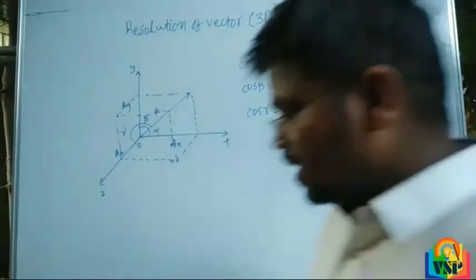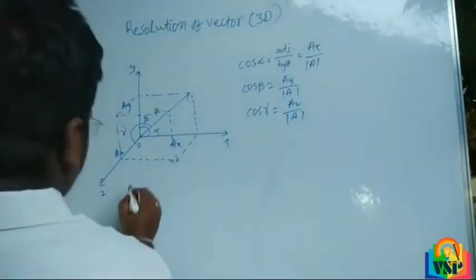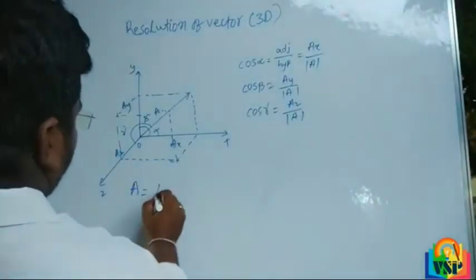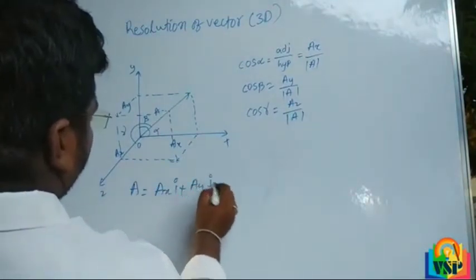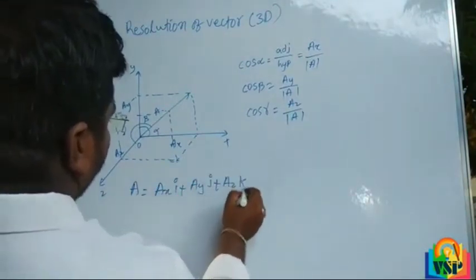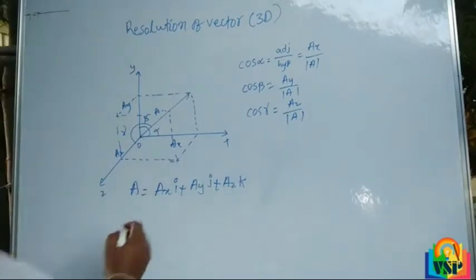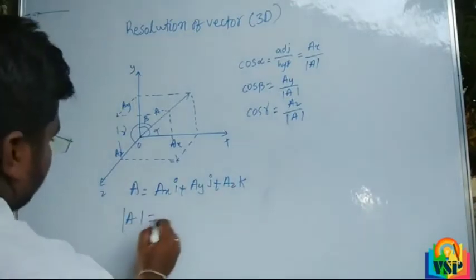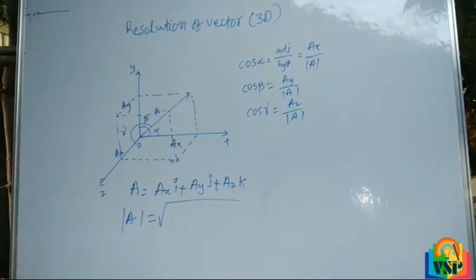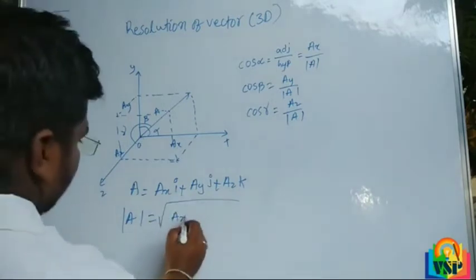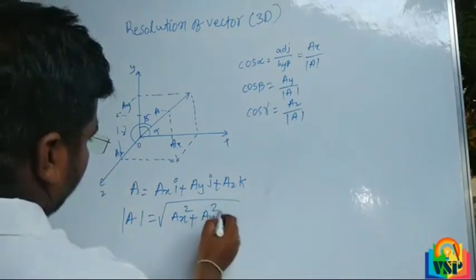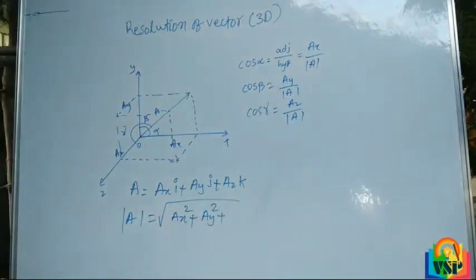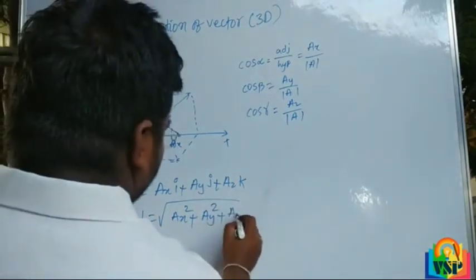See here, we can write vector A is equal to ax i plus ay j plus az k. Its magnitude we can write as the square root of the square of the coefficient of i, ax square, plus the square of the coefficient of j, ay square, plus the square of the coefficient of k, az square.